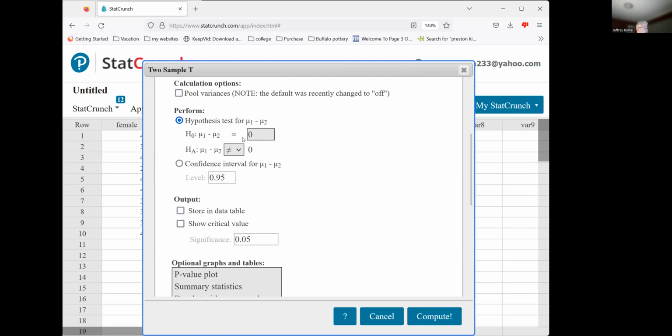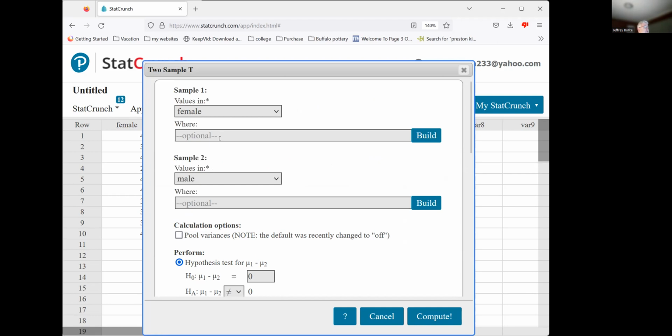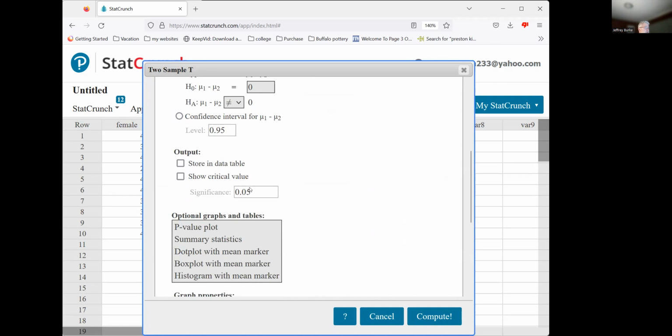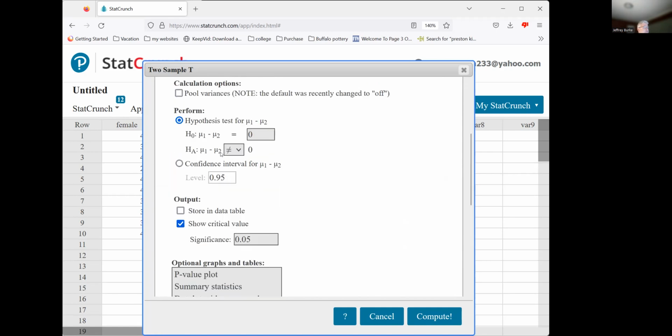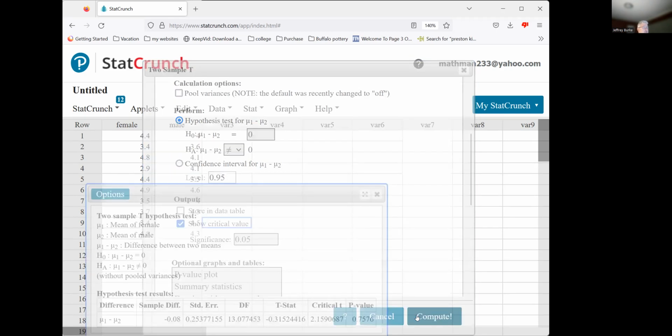Since the claim is the null hypothesis, the alternate hypothesis is not equal to 0. This won't matter here, but in the case where we're looking at less than or greater than, it will matter. We will assume that the significance is 0.05. This is correct because we have mu 1 not equal to mu 2, so we're fine here. We click Compute.